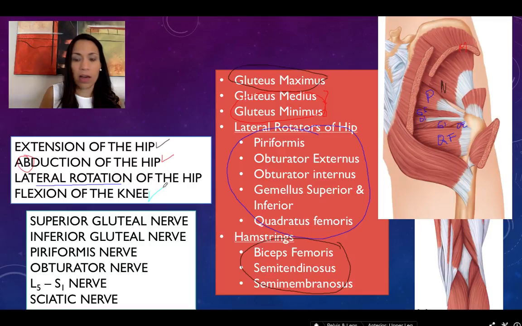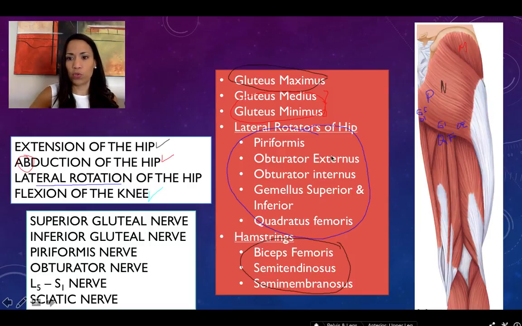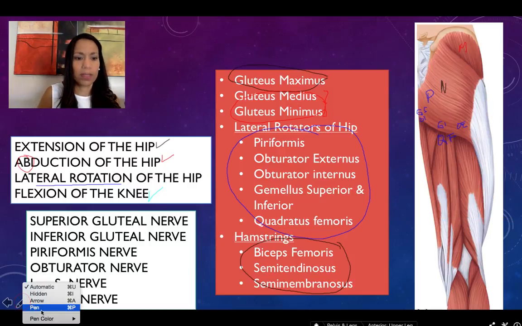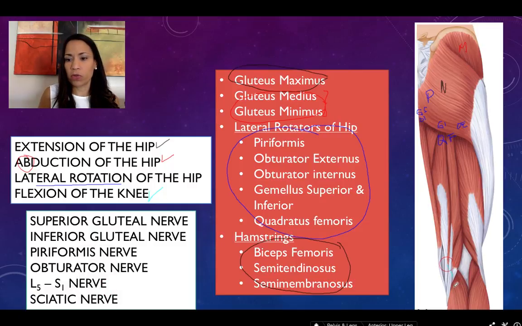Flexion at the knee is brought to you by who? The hamstrings. They're the prime movers because they're crossing posteriorly the hip joint. Okay, so the hamstrings, the biceps femoris, semitendinosus, and semimembranosus, they're the prime movers of extension at the hip, so they're in black, and in cyan, they are also flexors at the knee.